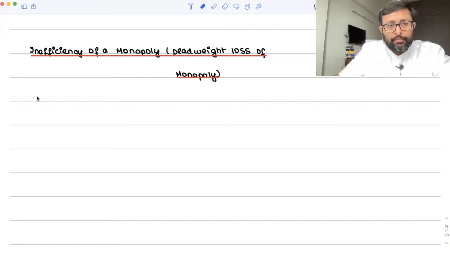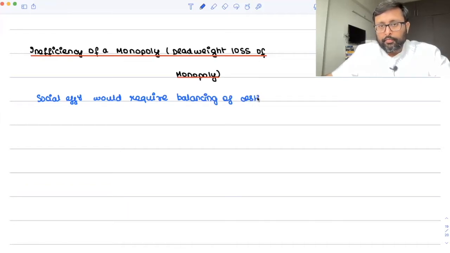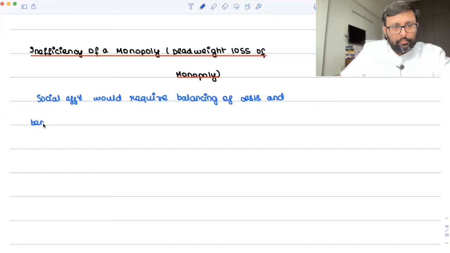So social efficiency would require balancing of costs and benefits, right?